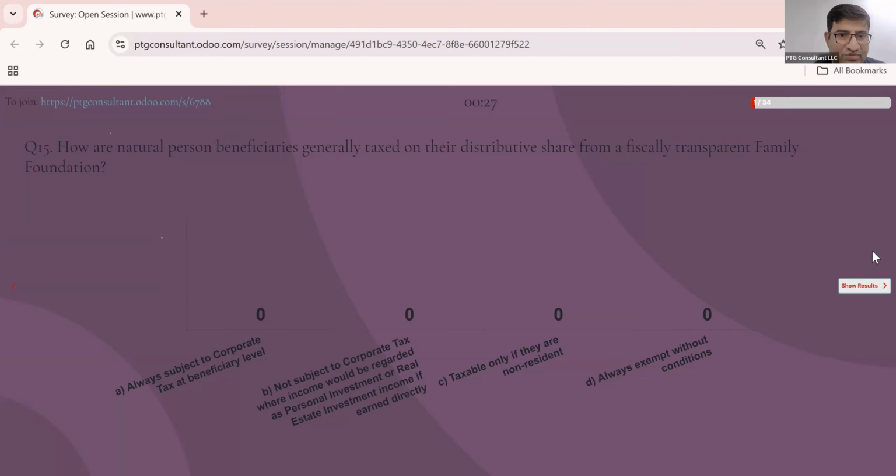So this question will also refine our understanding of whether the natural person will be subject to tax on their distributive share or not. Not subject to corporate tax, where the income would be regarded as a personal investment or real estate income earned directly.